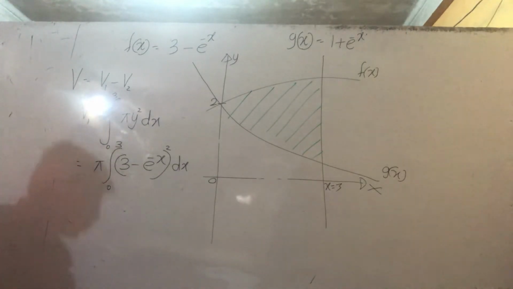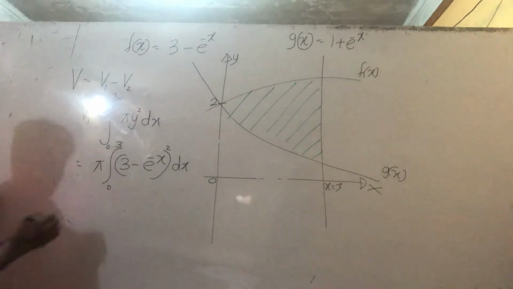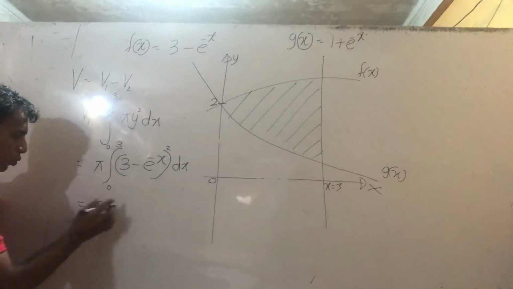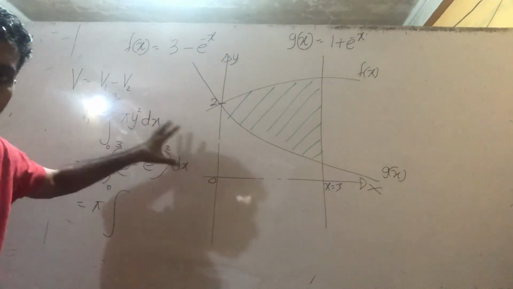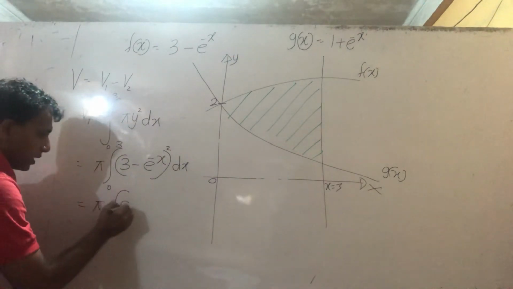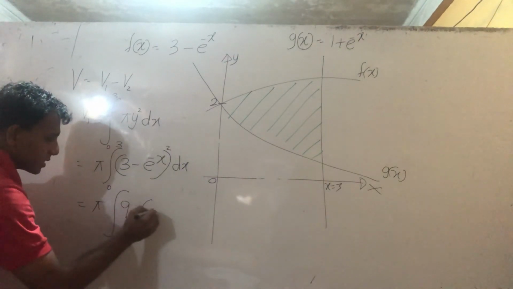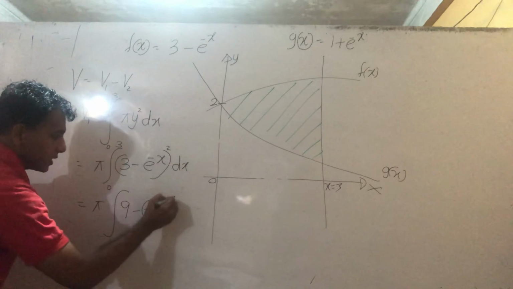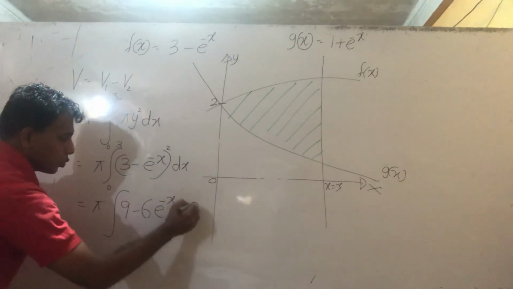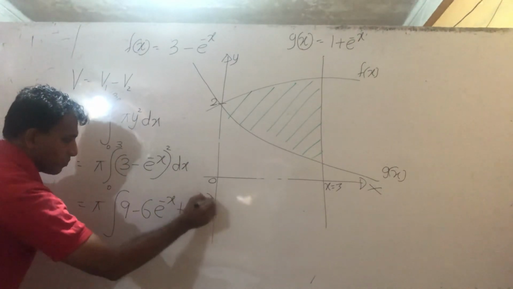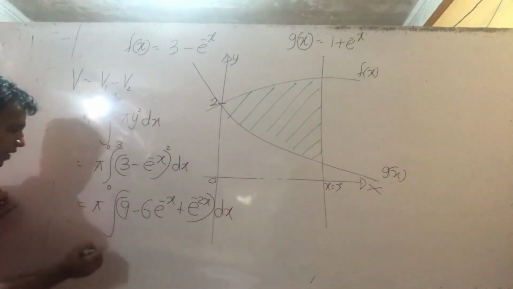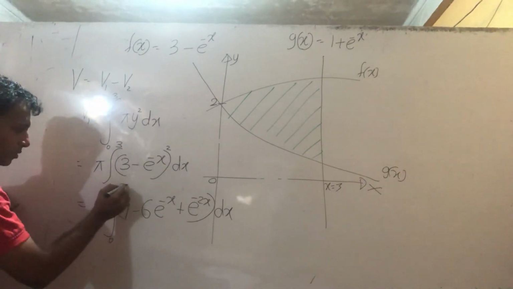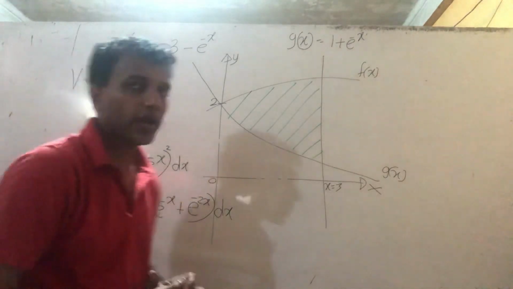So pi into the integral; I expand this bracket, (a minus b) square: 9 minus 6 e to the power minus x plus e to the power minus 2x, dx, the boundary is 0 to 3. Before integrating, that is enough.